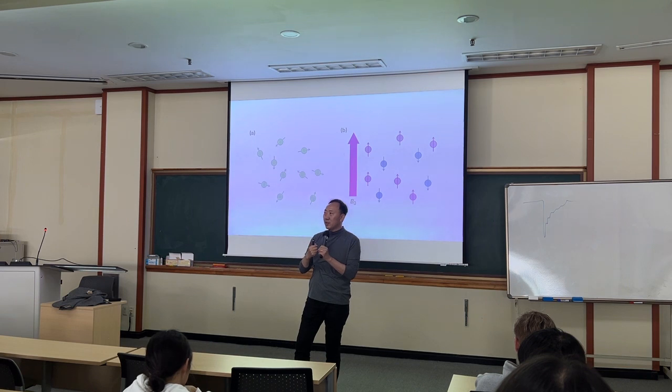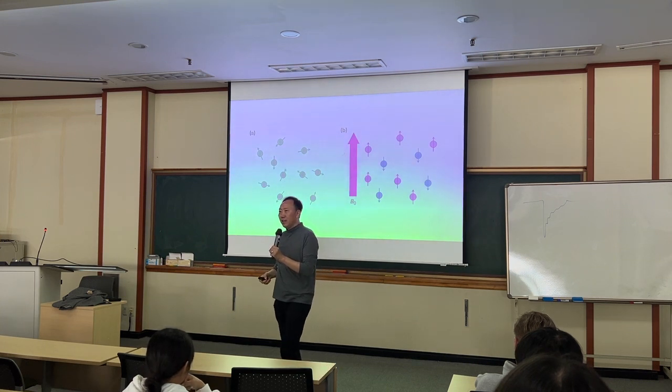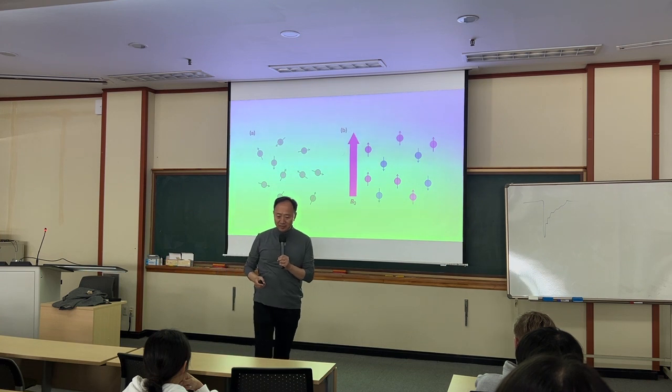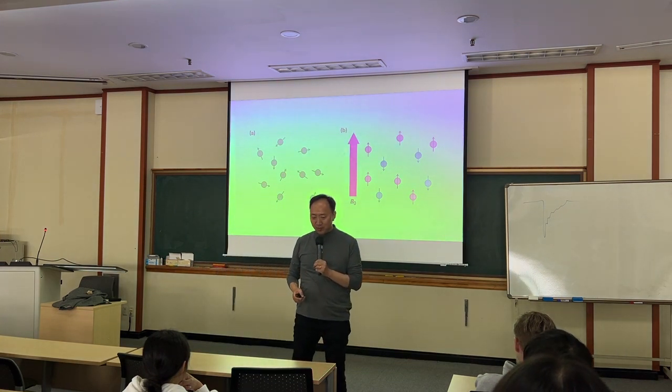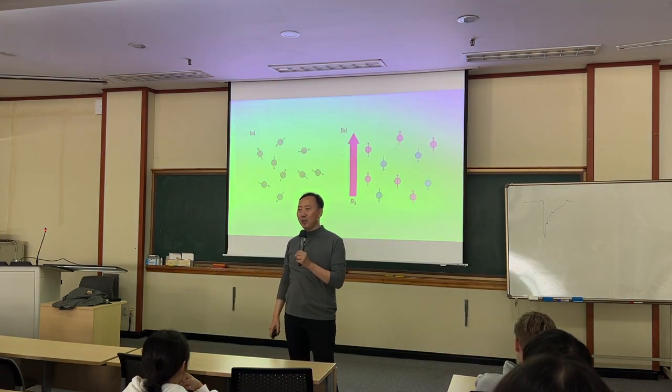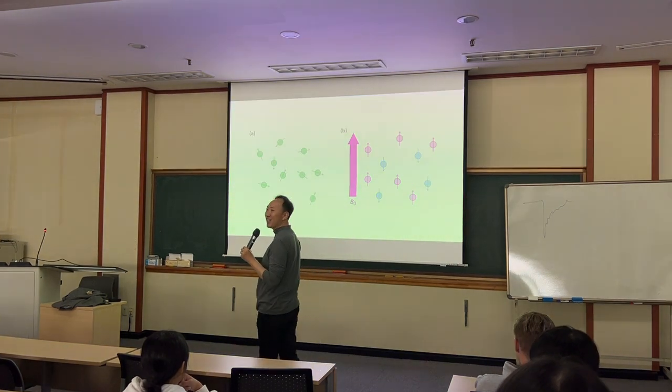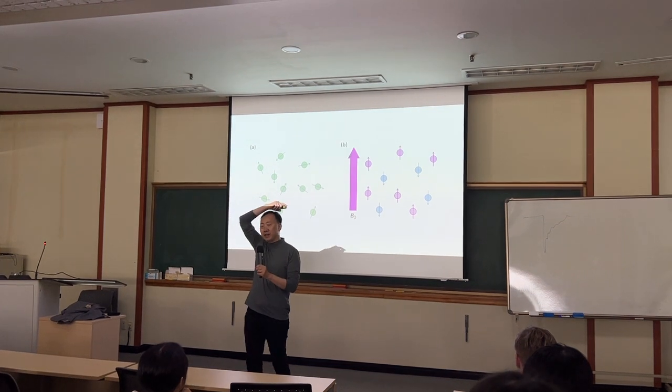But there is repulsion at first. So once the electron has kinetic energy, if the electron has speed, then they have the kinetic energy.